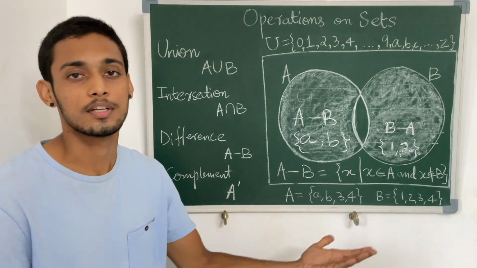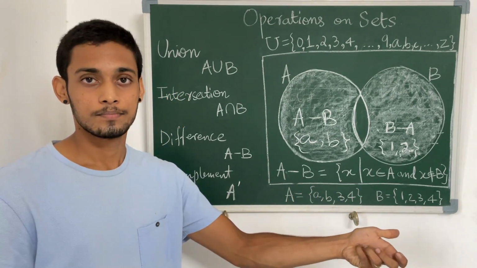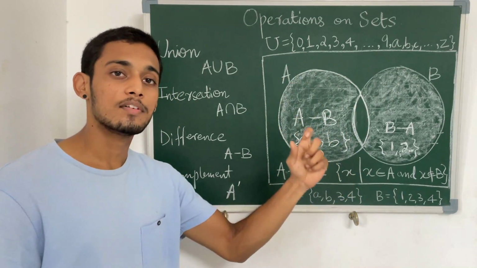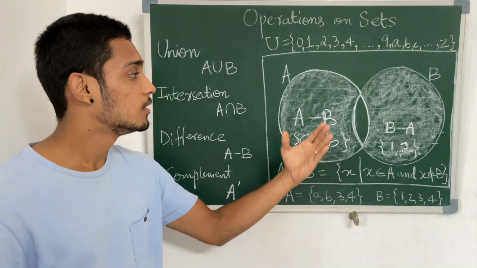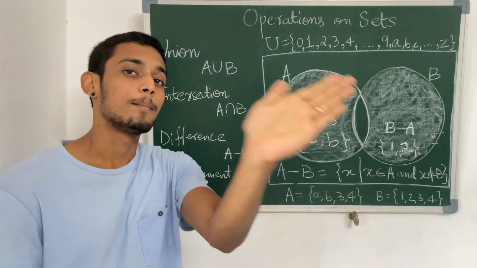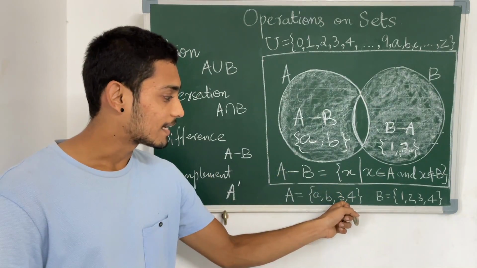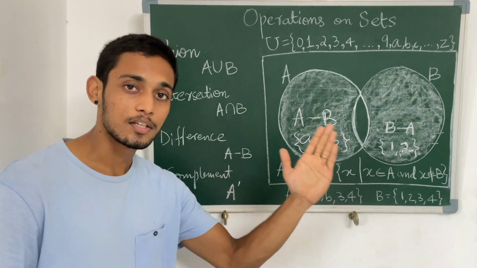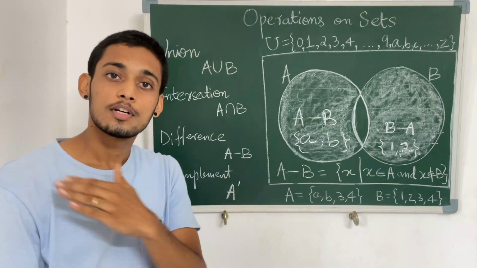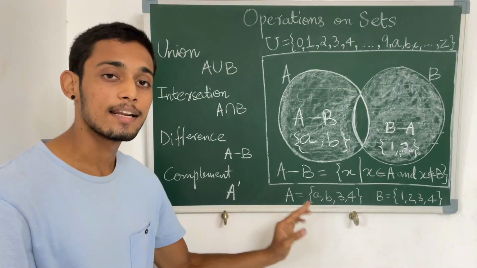Everything other than a, b, 3, 4. So every other element which is not a, b, 3, 4 and in the universal set will be there in the complement. So except a, b, it will have c, d up to z, and except 3, 4, it will have the digits 0, 1, 2, 5, 6 up to 9. So it won't have these elements which are there in A, but everything else.